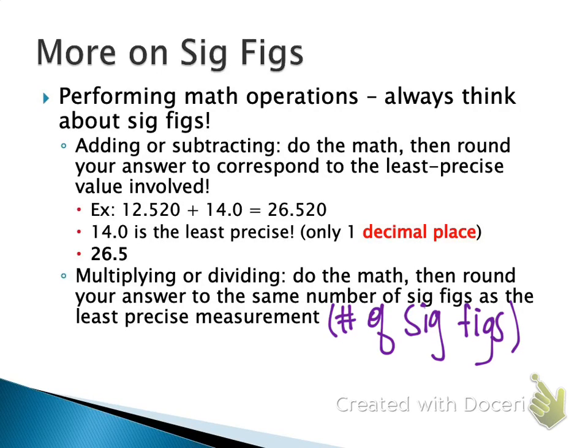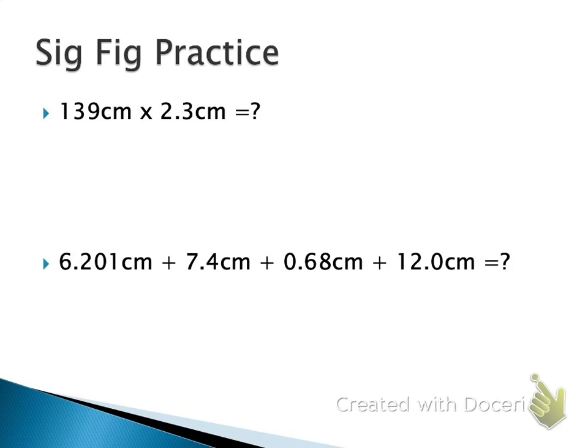All right. Try these 2 on your own. Okay, can somebody give me just the raw answer that they got with no rounding, no fixing, no nothing for 139 times 2.3? 319.7.